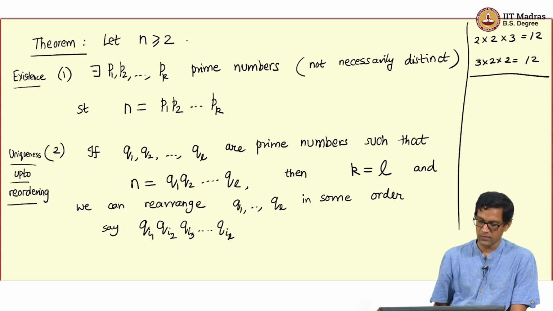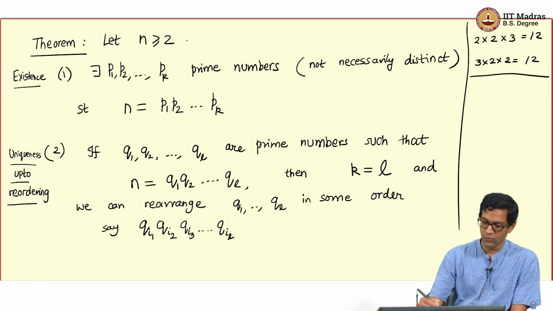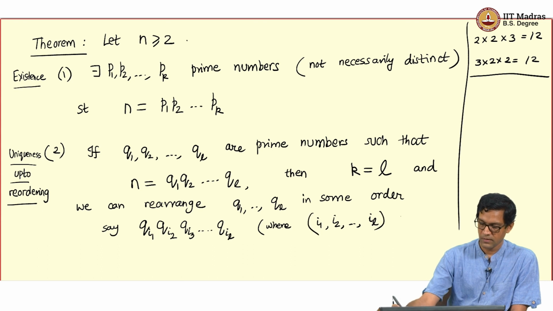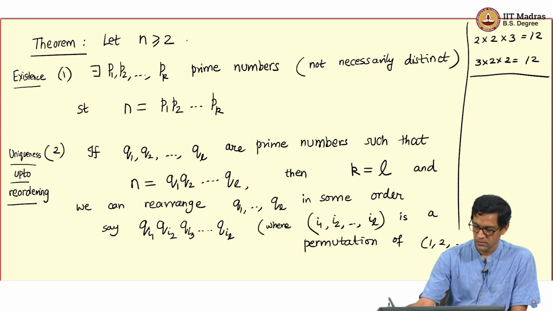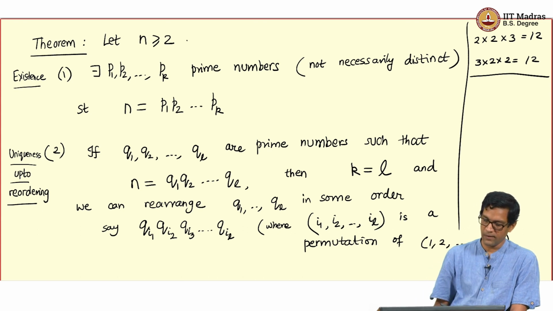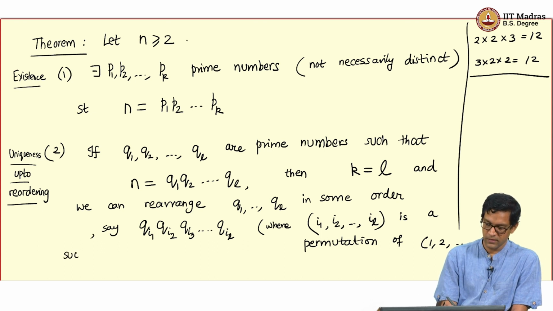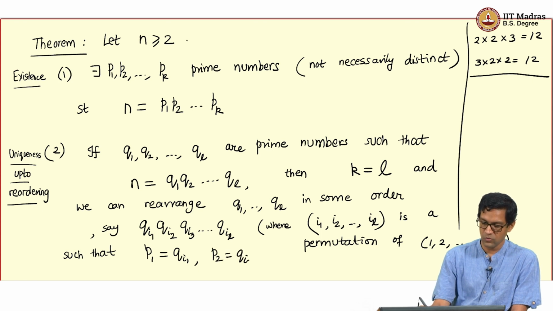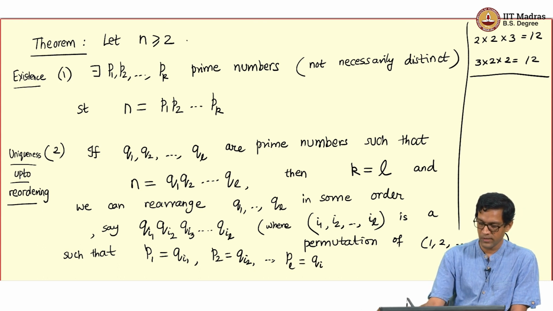This is often how one denotes this in some order, qi1, qi2, qi3 till qil, where i1, i2, ..., il is some permutation of the numbers 1 through l, such that after you have reordered, the prime p1 coincides with qi1, p2 coincides with qi2 and so on, pl coincides with qil.